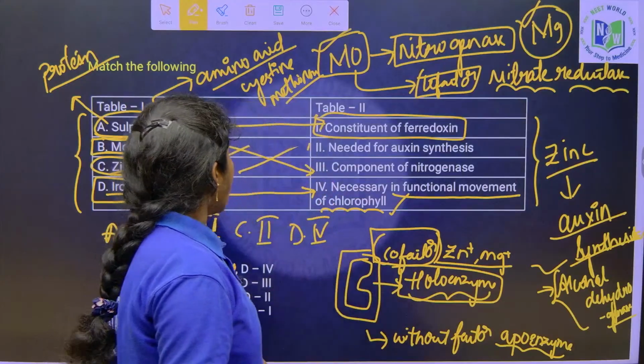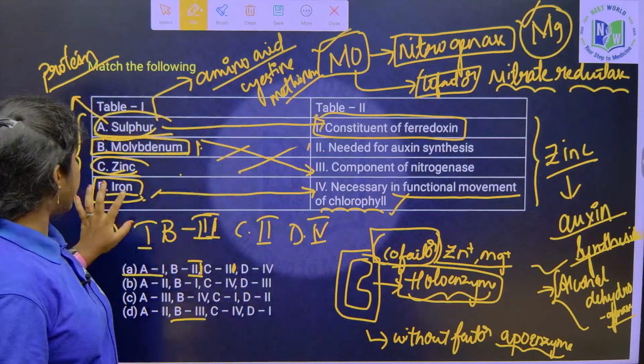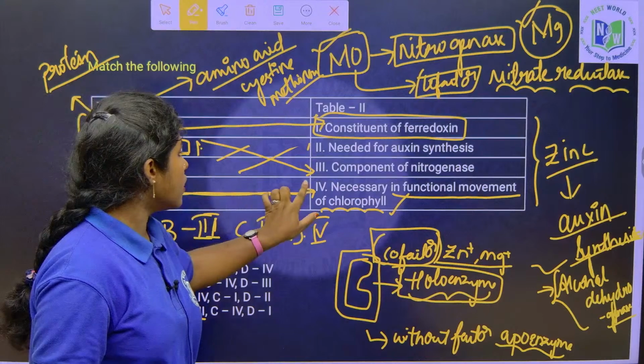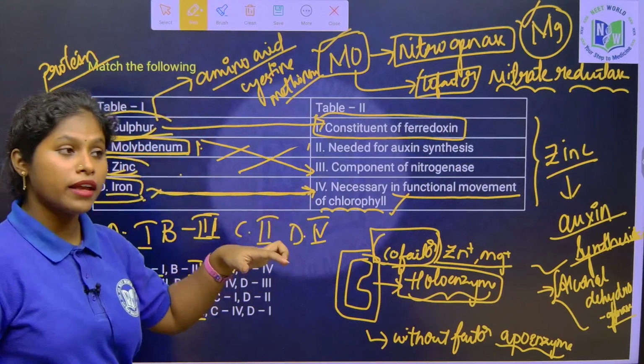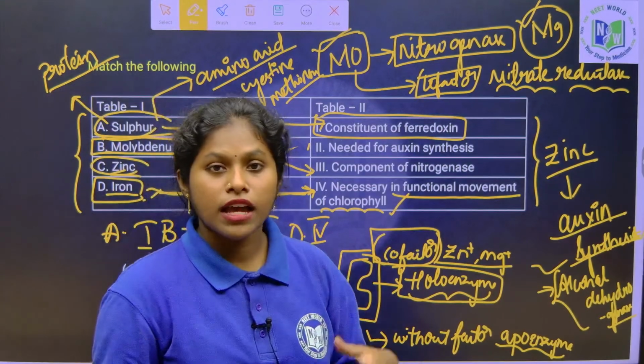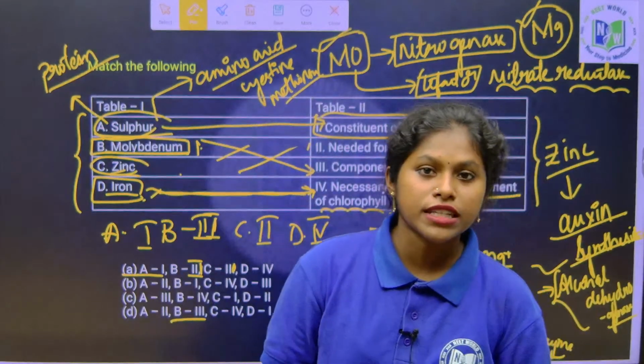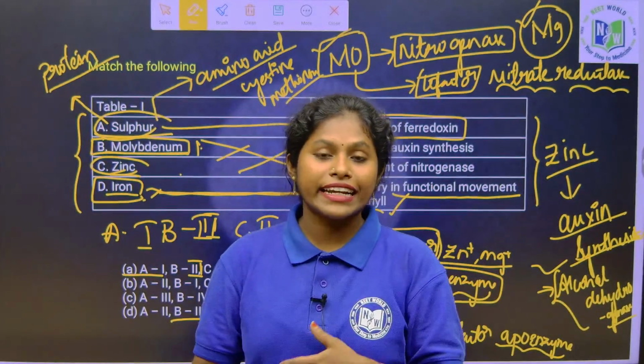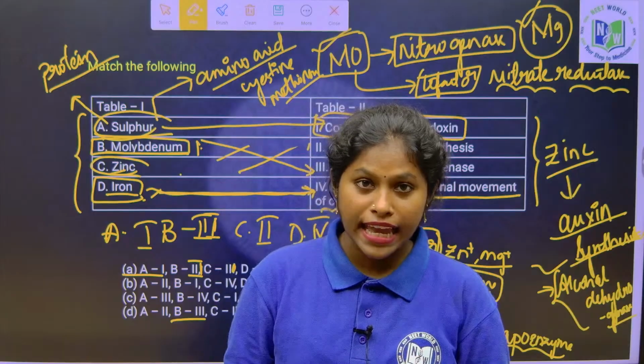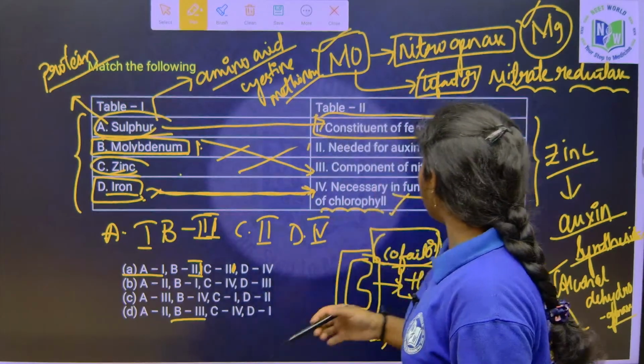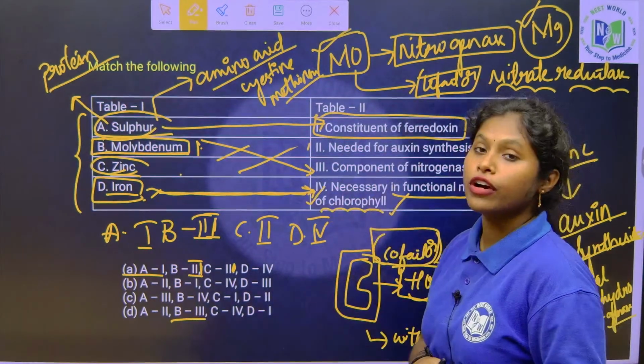Okay. And coming to iron, iron mainly involves in the activation of many enzymes. What is meant by catalyzation, students? It speeds up the reaction, right? It catalyzes the activation of many enzymes, and also is involved in the functional activation of chlorophyll.